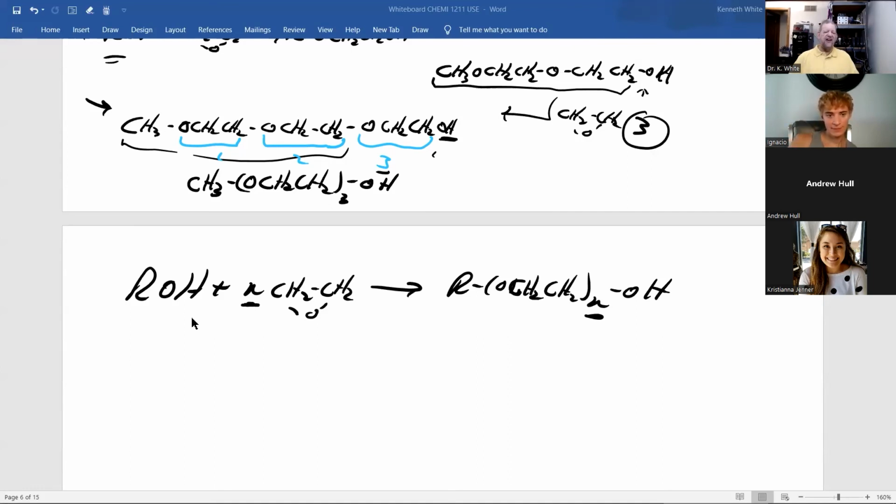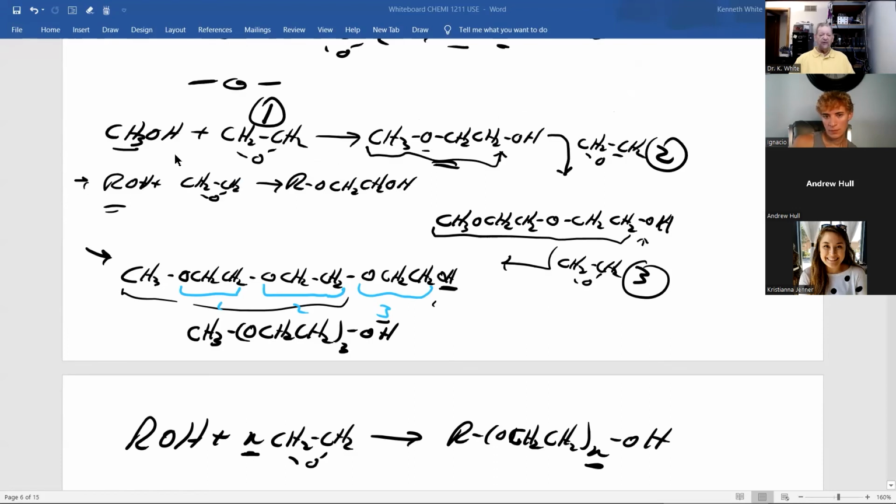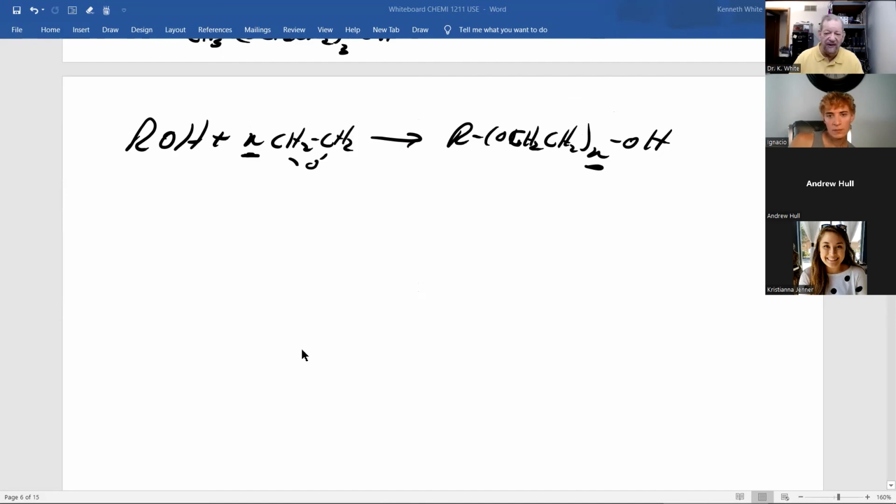Thank you. If you take this alcohol, react it with N moles of ethylene oxide, or molecules, you get this polyether alcohol, R bracket OCH2, CH2, close bracket N, OH. The N comes from the number of moles. Now, when this was 1, it was this R, OCH2, CH2, OH. And here, where it was 3, you get this. And this turns out to be an important reaction.